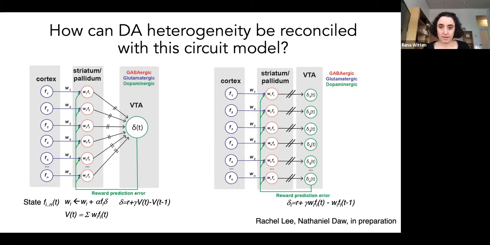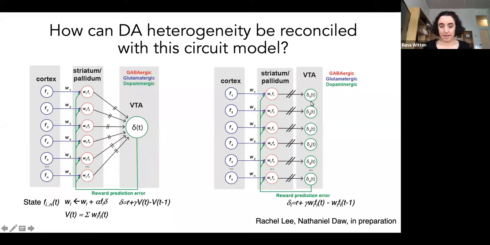And so I think this is a conceptually very interesting way to think about how reinforcement learning might actually be implemented, the idea that maybe different parts of the brain are predicting different rewards, and also the idea that heterogeneity in the dopamine system could still be useful for reinforcement learning under this model.